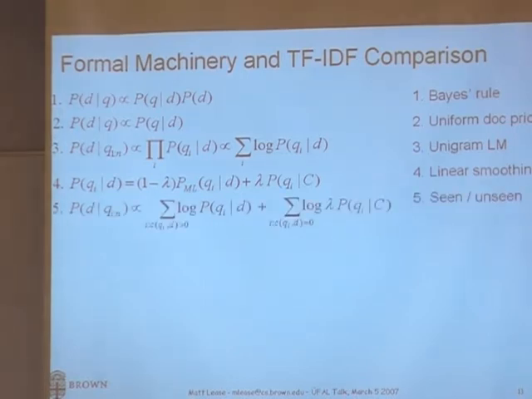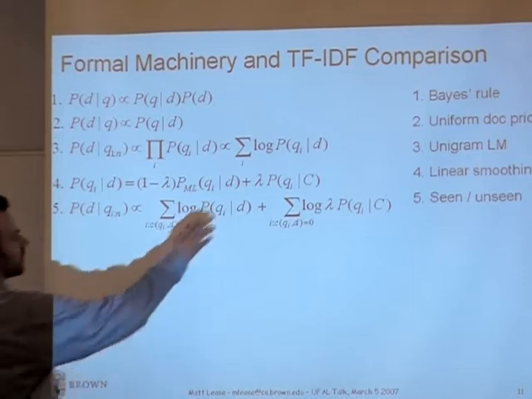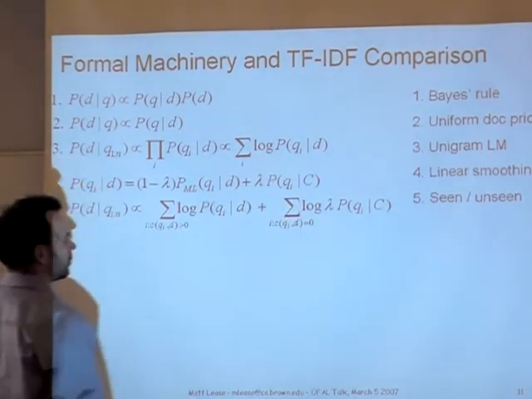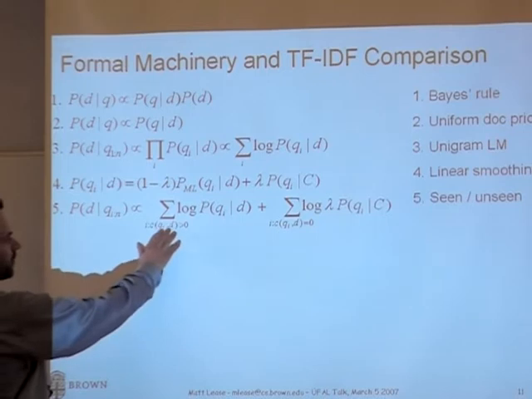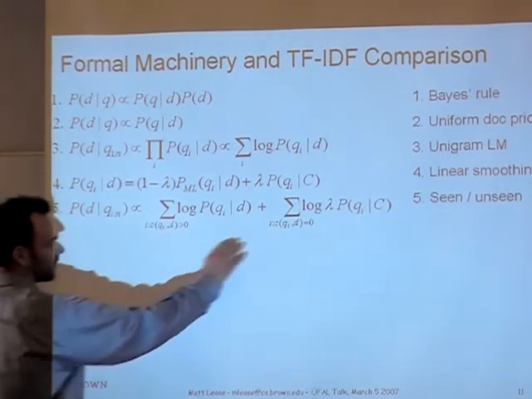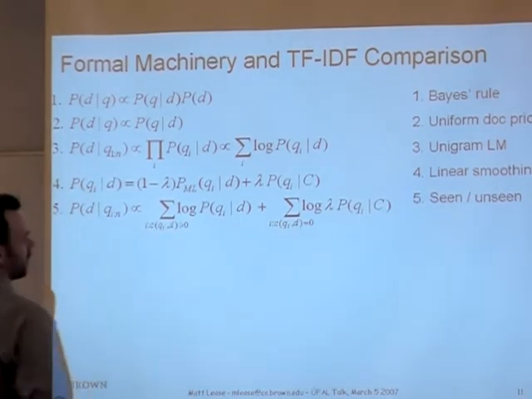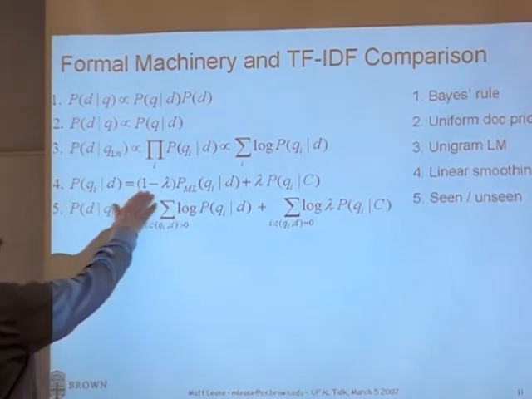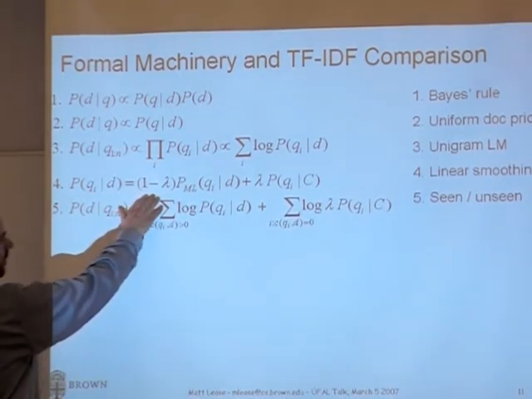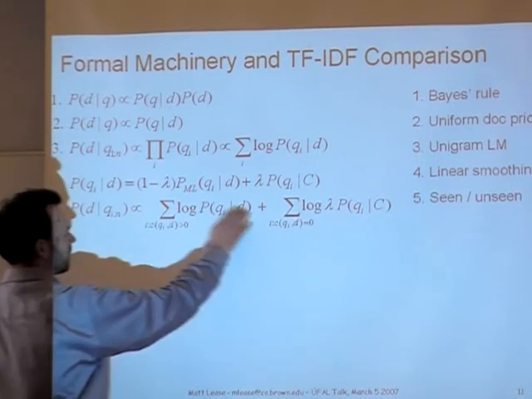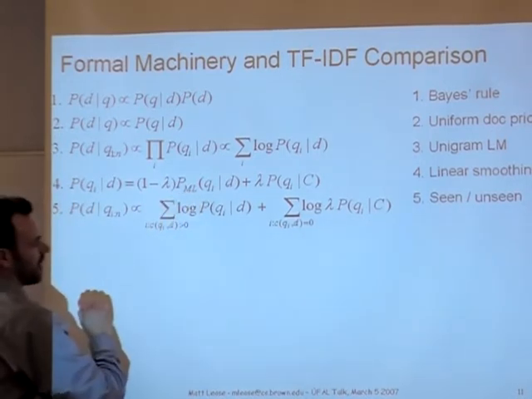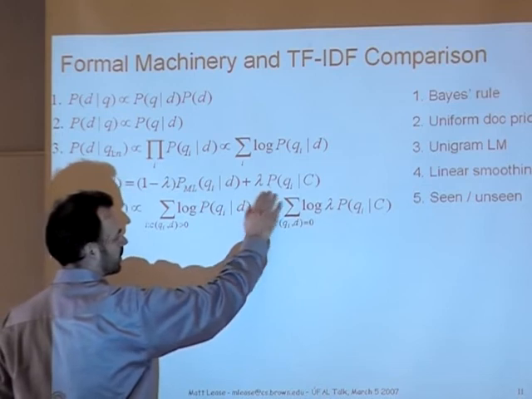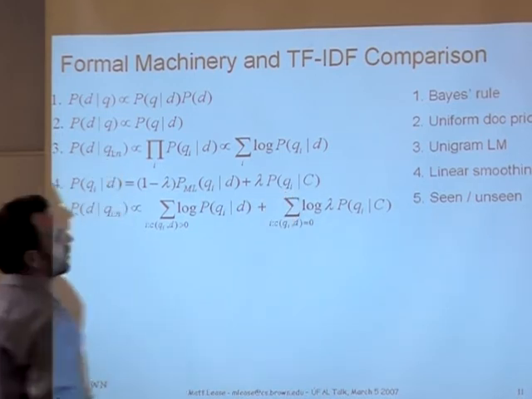The first thing I want to do is take this sum of logs for each of the individual words and split it into the seen words, the ones I've seen at least once, and the unseen words. For the seen words, I just have this smoothed estimate here. And for the unseen words, as we said, the maximum likelihood estimate leaves 0 mass, so the only thing left over is just this term here.